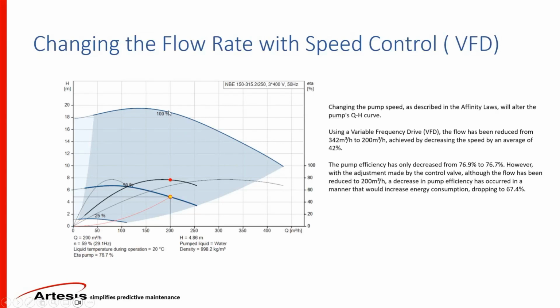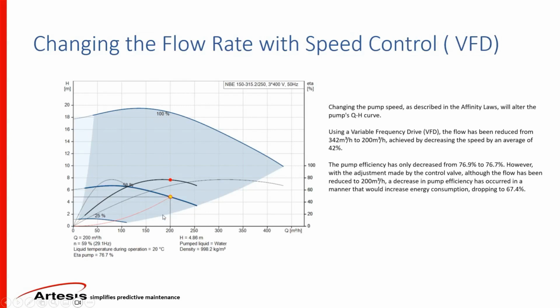But if you see here, when we reduce the speed, we get a new curve, and if you remember, we had a system curve as well. So the new curve will be this black one. Now the speed is at 58%, and the head will be around 4.8. The blue one is the new curve for that speed. So this is 200 cubic meters per hour, and the new head is going to be 4.8 meters.